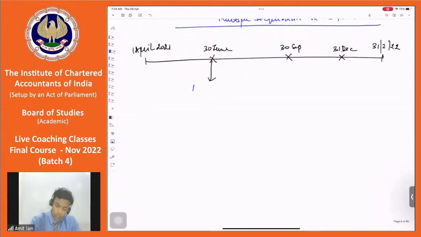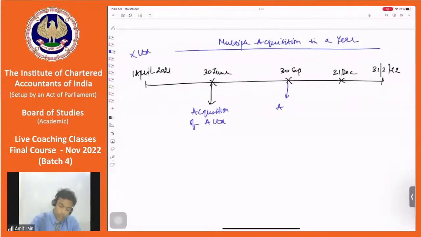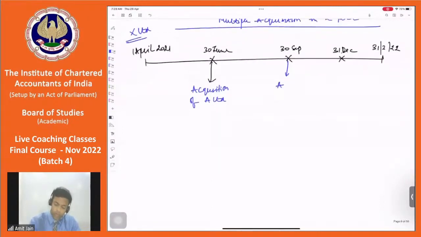Correct? Here we are saying acquisition of A Limited. This is a case of X Limited acquiring A Limited, purchase consideration 100 crores, net asset acquired 60 crores. This is my goodwill 40 crores.